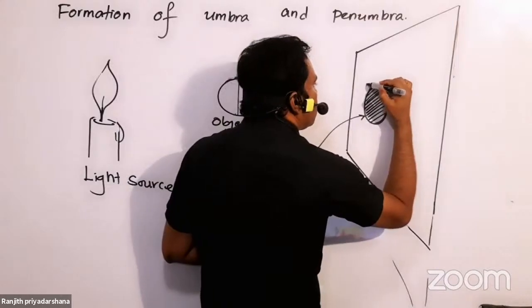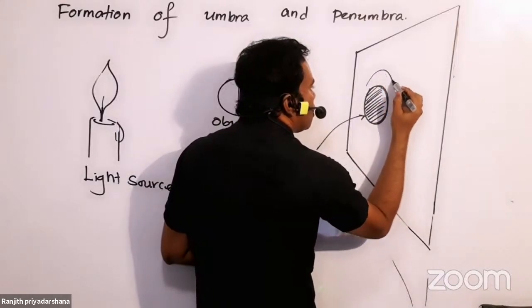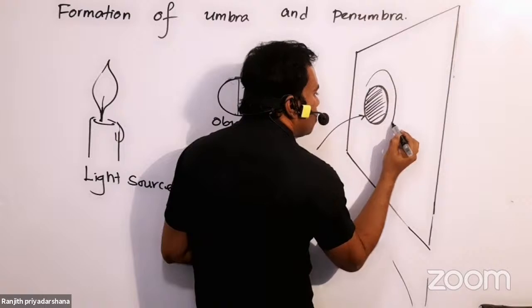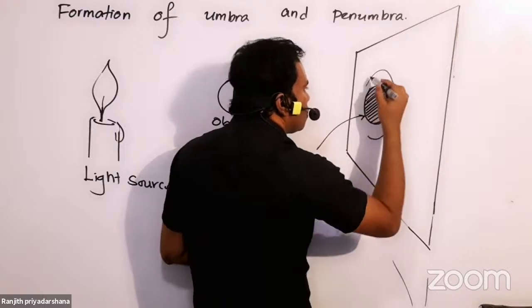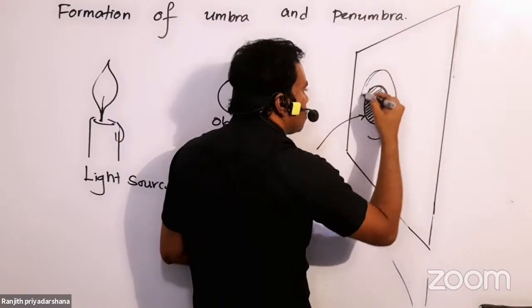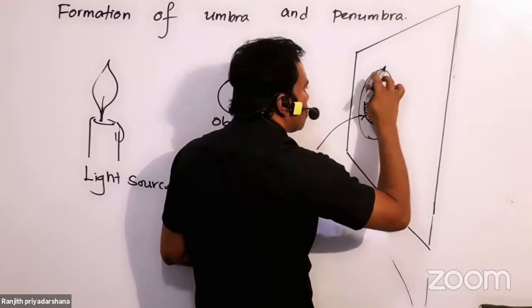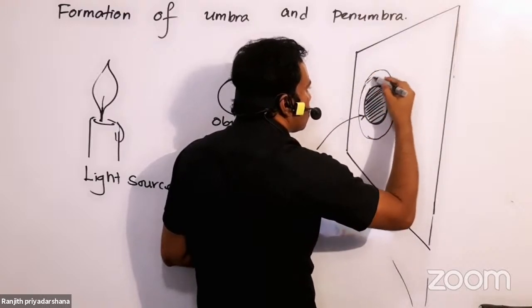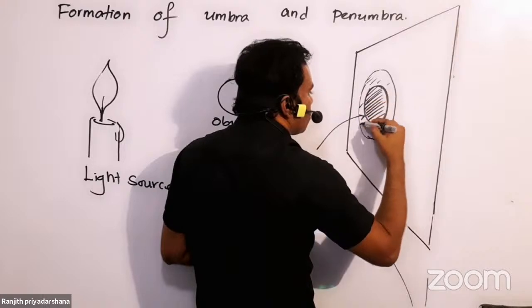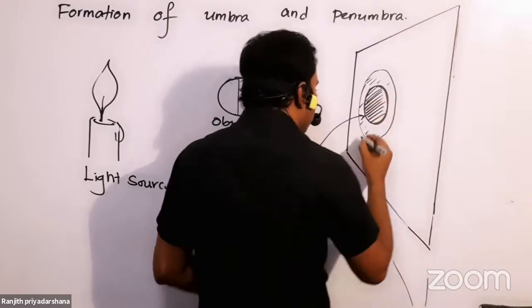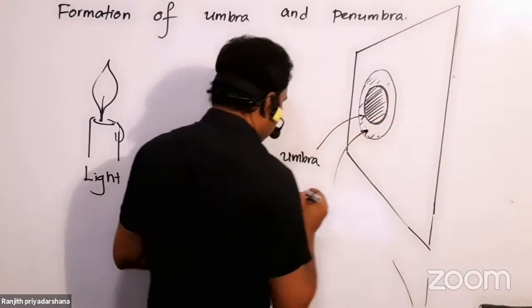That slight shadow, so we call that what? Penumbra. That's penumbra.